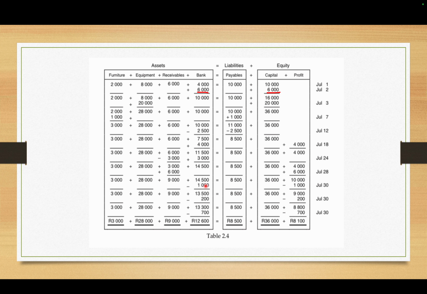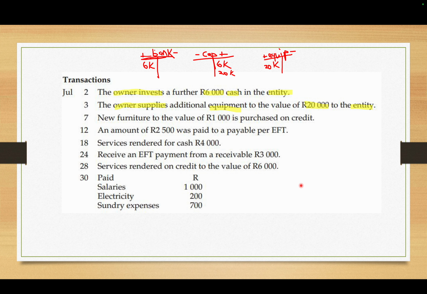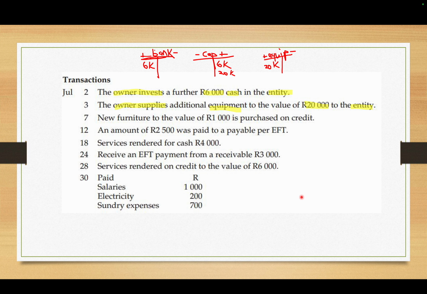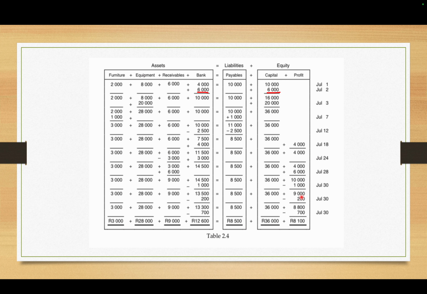And then same thing applies for electricity. It's an expense, so decrease our bank by 200 and decrease our profit by 200. Sundry expenses, same thing, decrease our bank by 700 and decrease our profit by 700. And as you can see, these are the totals at the bottom.